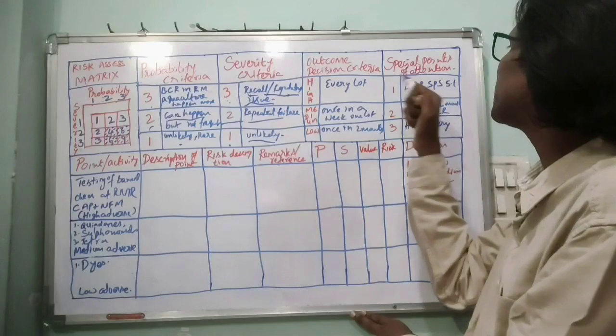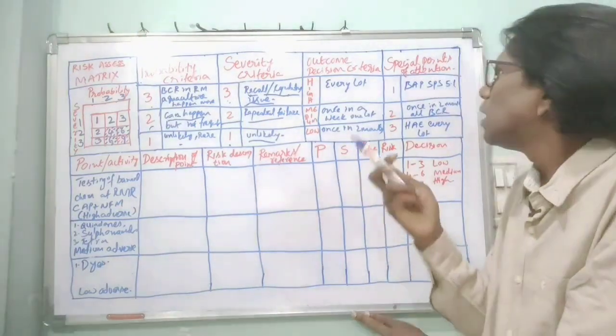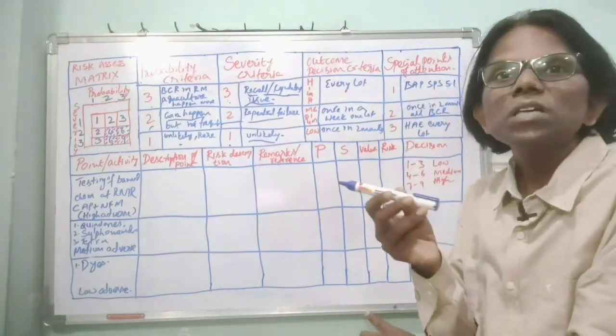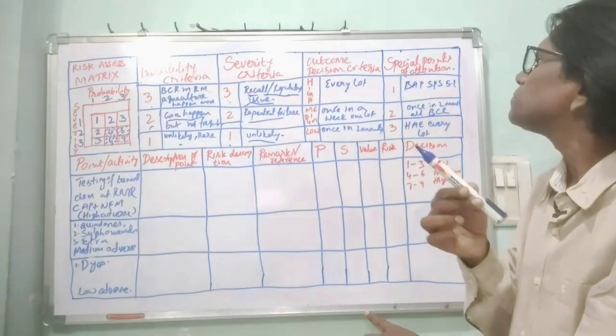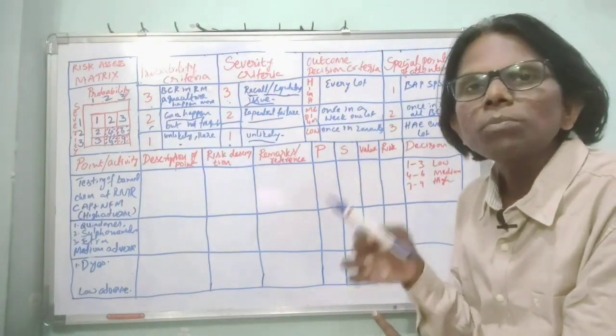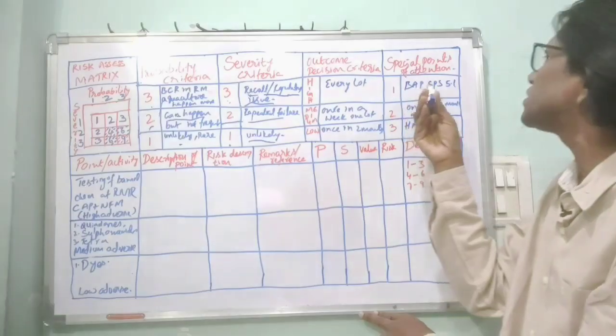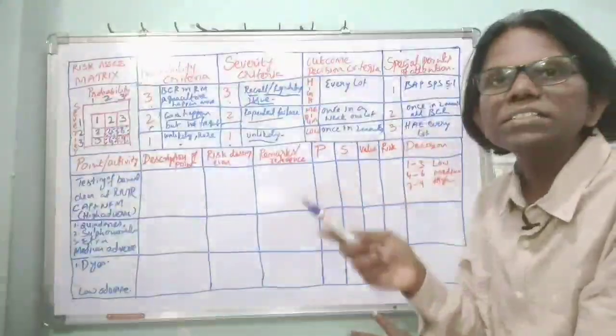Then special points of attention. What are those? Let us see. The first one: it should cover the scope of the BAP Seafood Processing Standards 5.1 version.